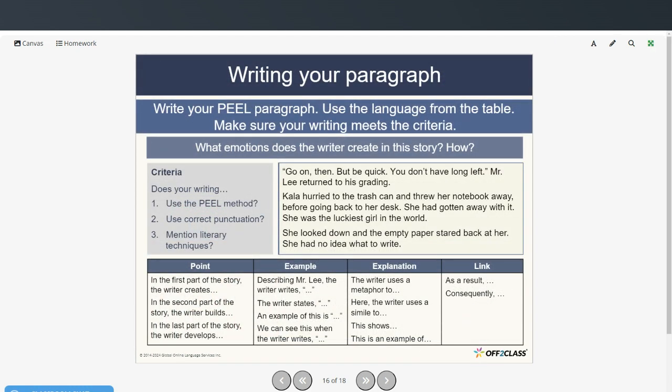All right, so now go ahead and write your paragraph and use the language from the table. Make sure that your writing meets all the criteria. Using the PEEL method, correct punctuation, mentioning literary techniques.